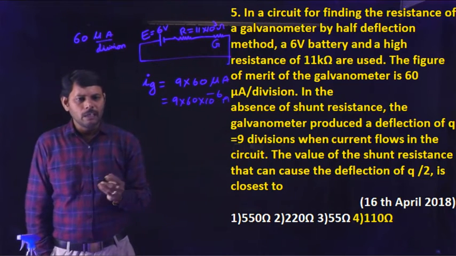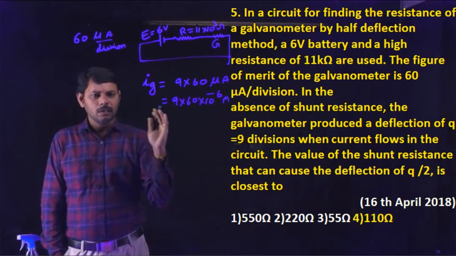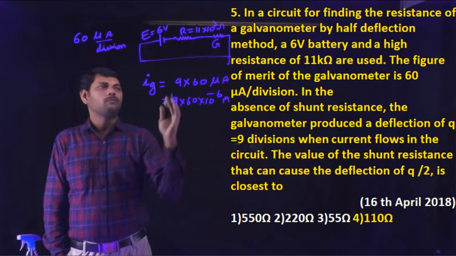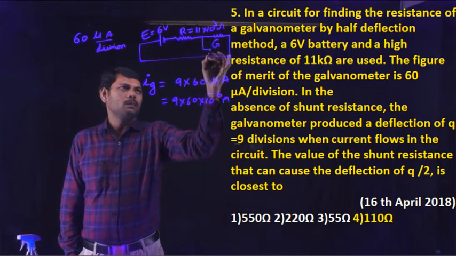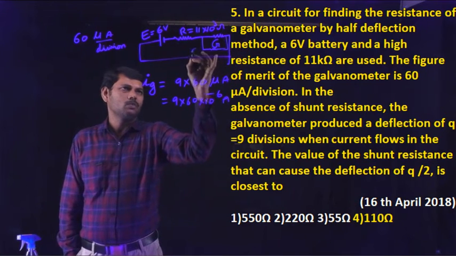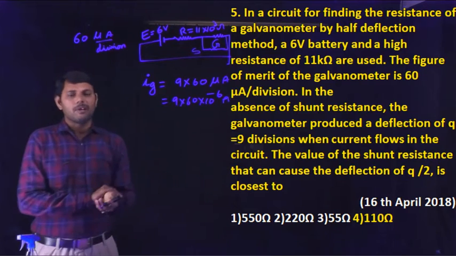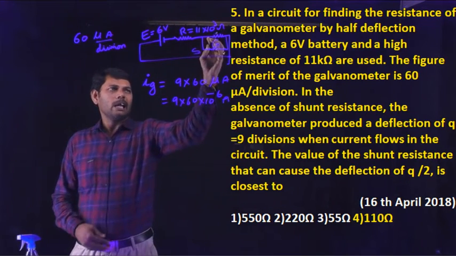Okay. When the current flows in the circuit, we need the value of shunt resistance that produces half deflection. So what parallel resistance is connected? Yes, we have to find the S value. What is the shunt resistance to have half deflection? First of all, we calculate the G value.